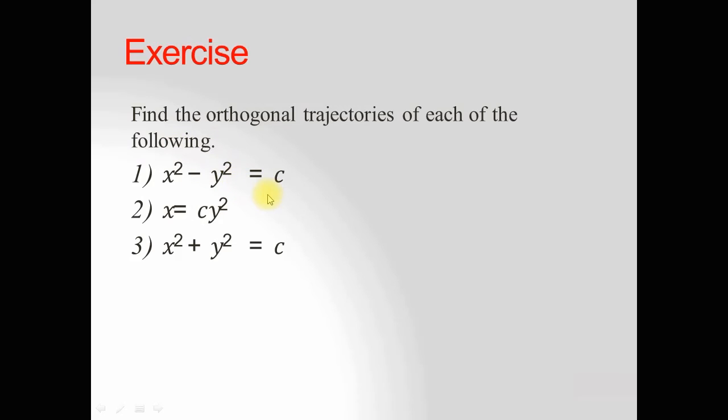Then taking the negative reciprocal of the slope, you will get the slope of the tangent of the required orthogonal trajectory.